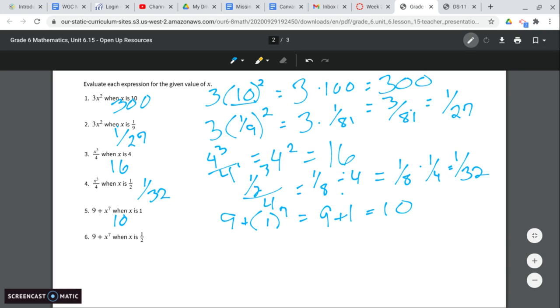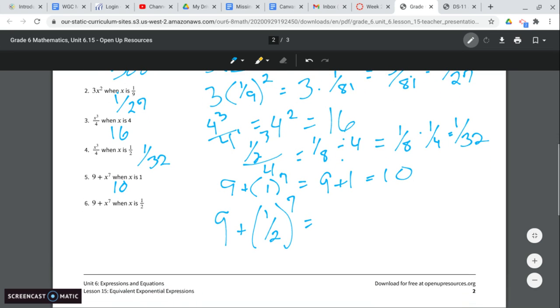Now here we have 9 plus 1/2 to the 7th. So now we have to figure out what 2 to the 7th power is. So this is 9 plus 1 over some value. 2 times 2 is 4, times 2 is 8, times 2 is 16, times 2 is 32, times 2 is 64, times 2 is 128, which is 7 times that we multiplied that 2.